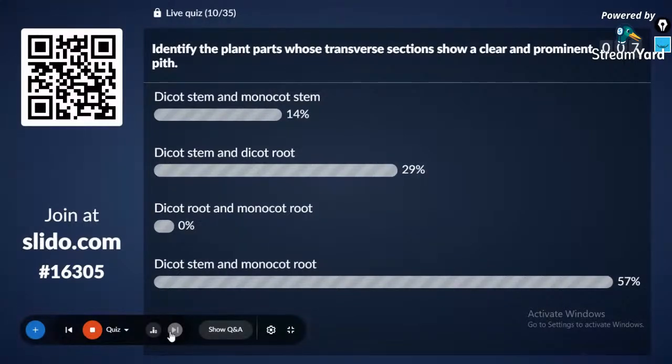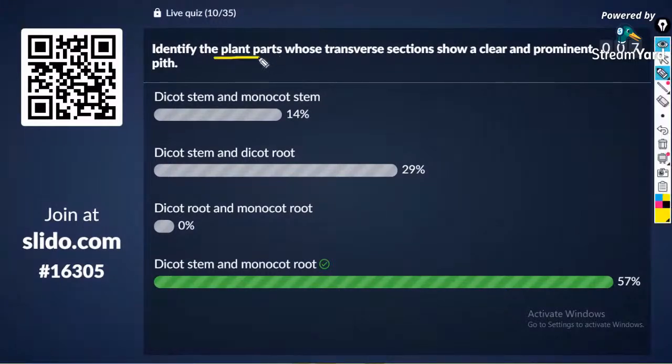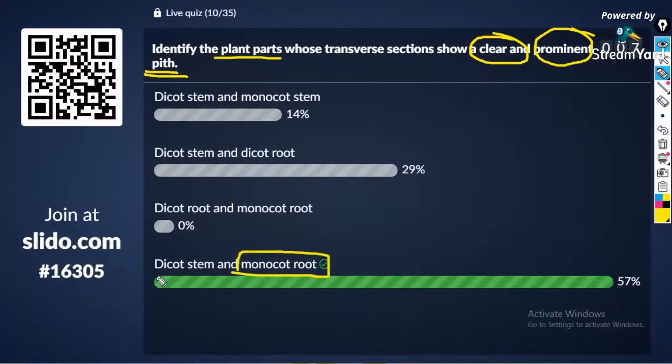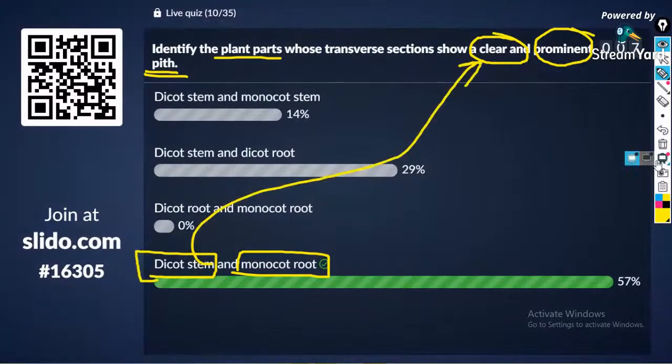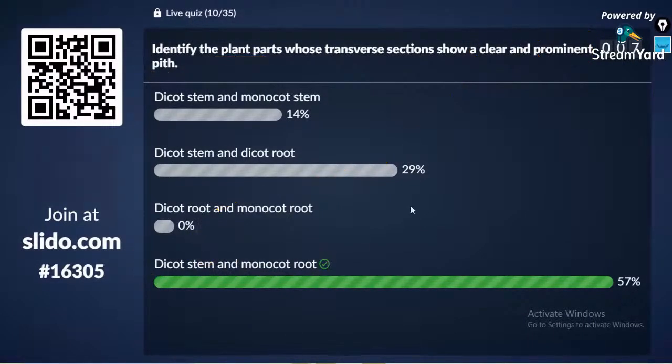It is monocot root and dicot stem. They show clear and prominent pith. Next question on the screen.